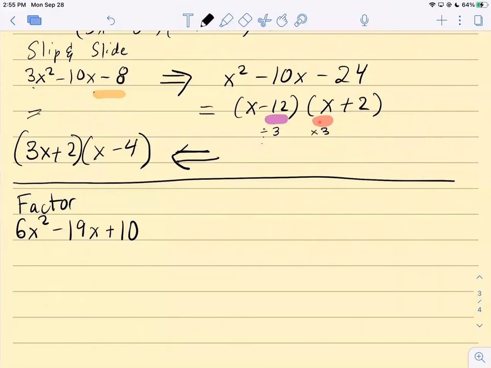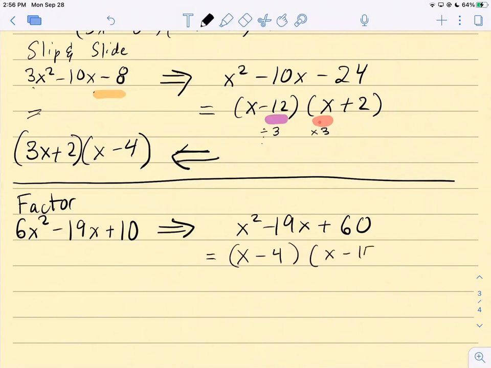Well, let's try this out. So if you wanted to slip and slide here, this would draw an arrow. This would lead us to x squared minus 19x plus 60, which we know factors because the two numbers that multiply to 60 and add up to negative 19 are x minus 4 and x minus 15.